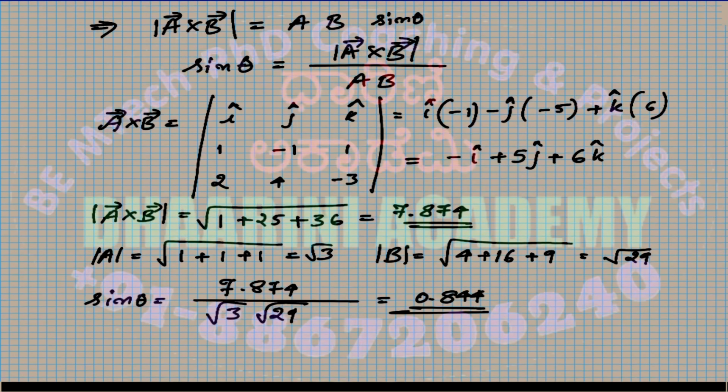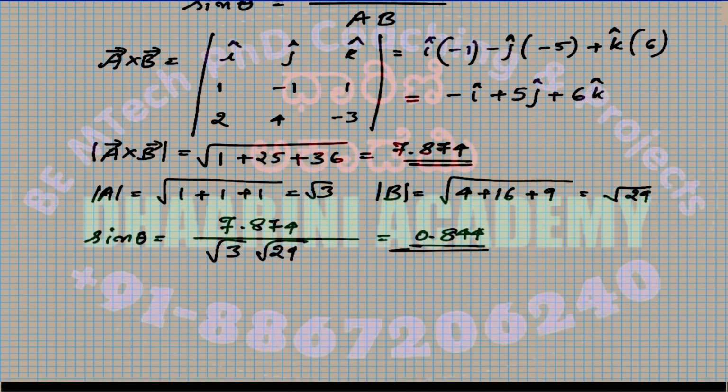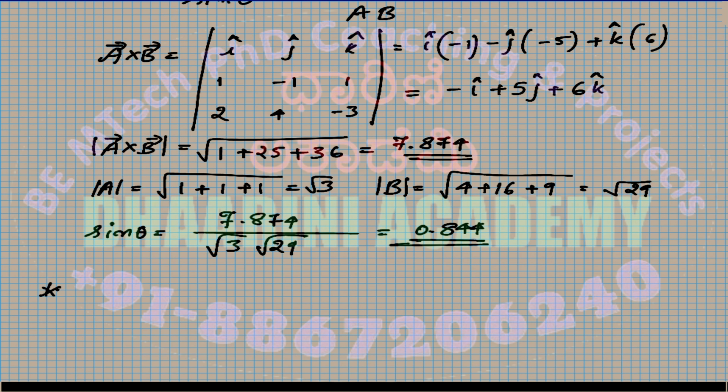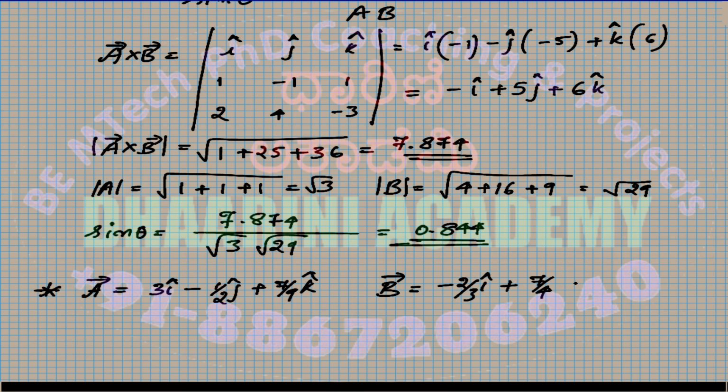Let's go to another problem. Find the sine of the angle between the two vectors. Vector A is equal to 3i cap minus 1 by 2 j cap plus 7 by 9 k cap, and vector B is equal to minus 2 by 3 i cap plus 7 by 4 j cap minus 2k cap.